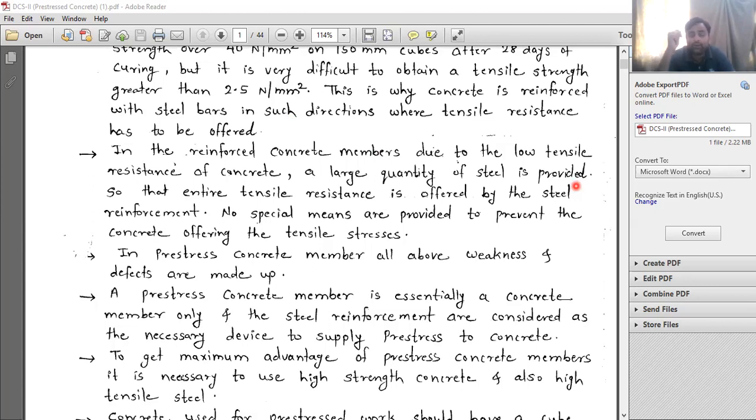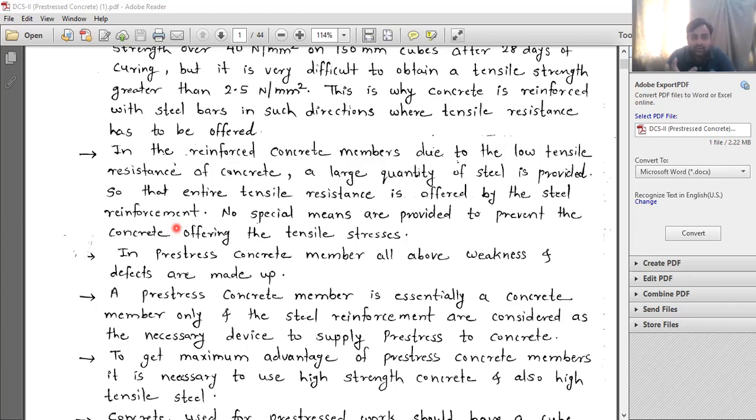Why do we provide the high quantity of steel? To resist the tensile stresses where it is needed, so that the entire tensile resistance is offered by the steel reinforcement. As you see, concrete is very weak in tension, so concrete will not provide any tensile resistance.